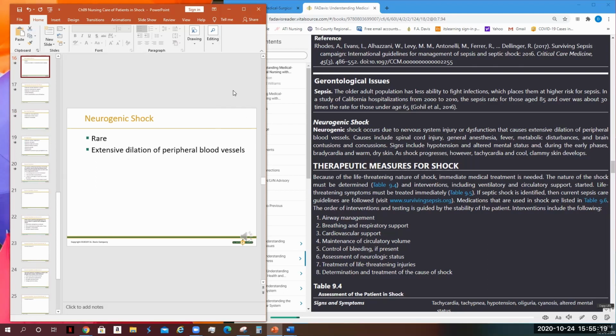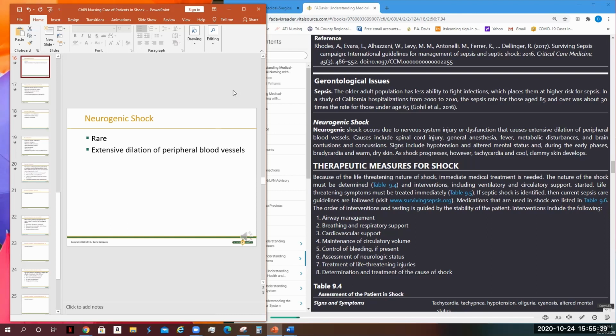Signs include hypotension and altered mental status, and during the early phases, bradycardia and warm, dry skin. As shock progresses, however, tachycardia and cool, clammy skin develops.